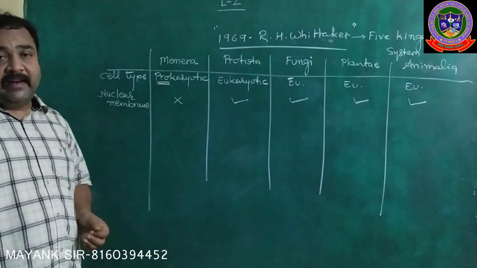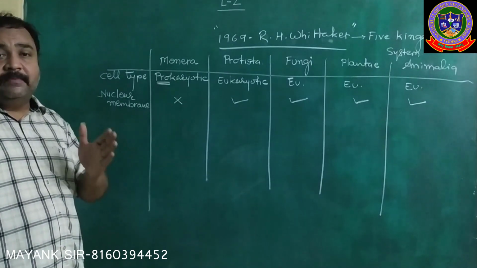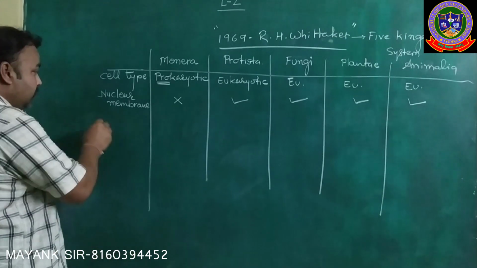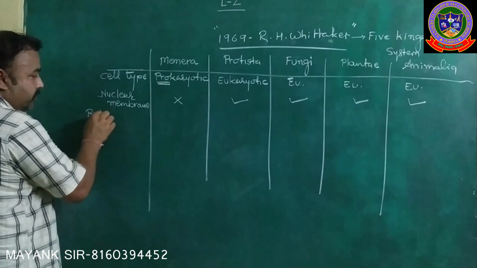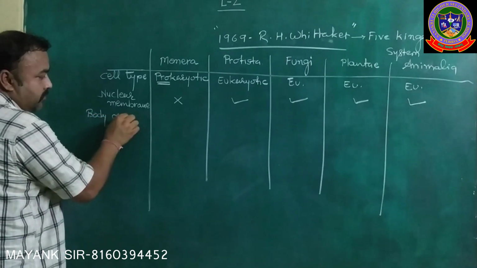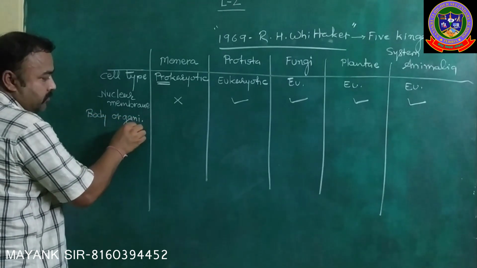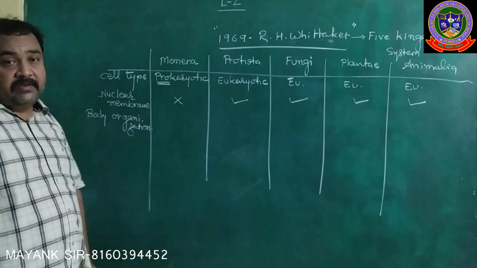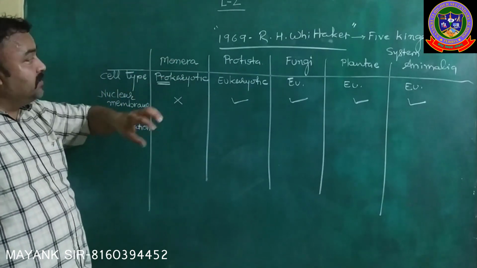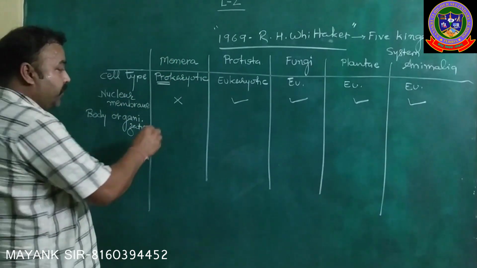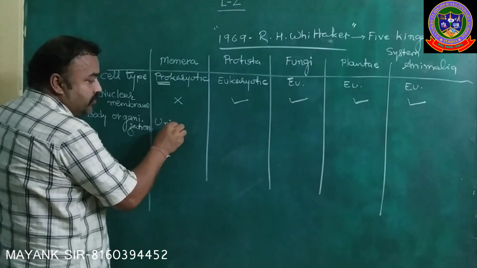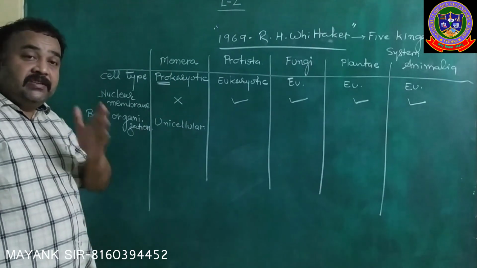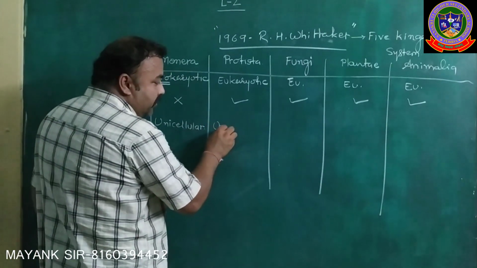The third characteristic of the 5-kingdom system of classification was body organization. The prokaryotic ones, that means the organisms of this kingdom, were unicellular in nature. The Protista were also unicellular.